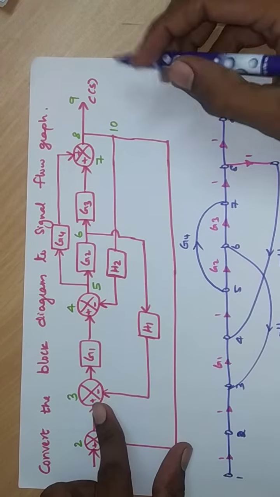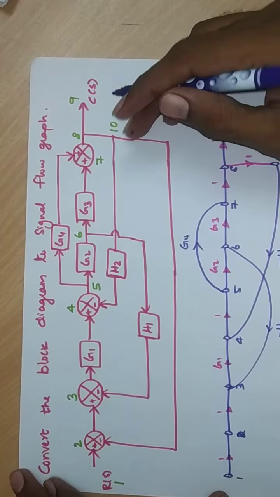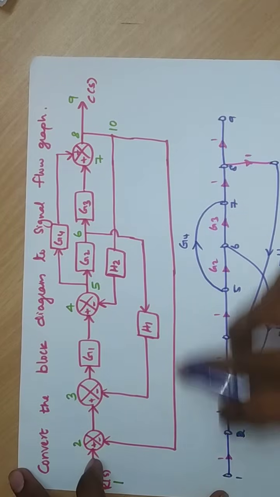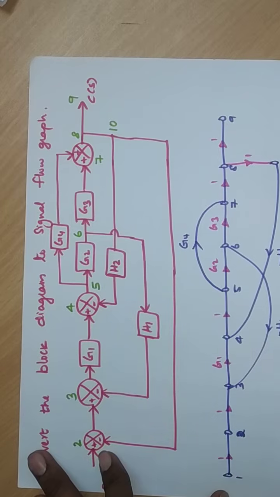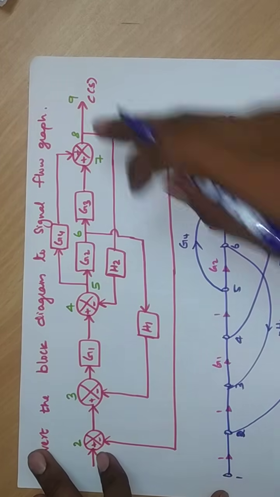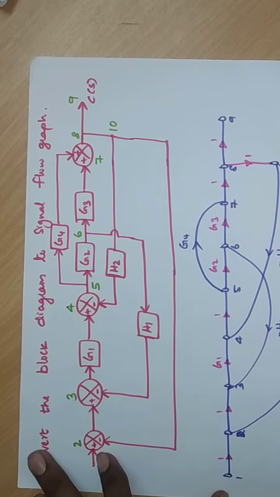Then from the same 10th node, one more unity feedback: a unity feedback is taken and joined at the 2nd node, 10 to 2. This is the direction along that path, it is unity, and it is subtracted here, so minus 1.